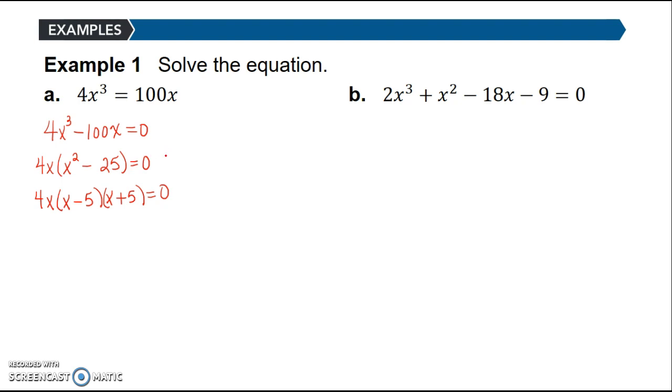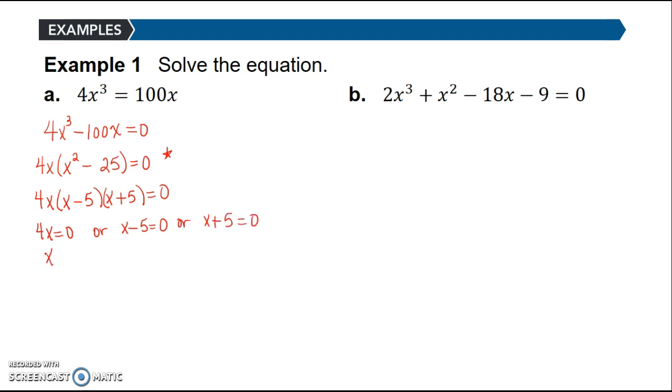It could be that you get something after you factor that has a quadratic expression that you can't factor any further, and there you might have to use completing the square or the quadratic formula to go further, or the square root property. But here we set each of the factors equal to 0 to get 4x equals 0, or x minus 5 equals 0, or x plus 5 equals 0.